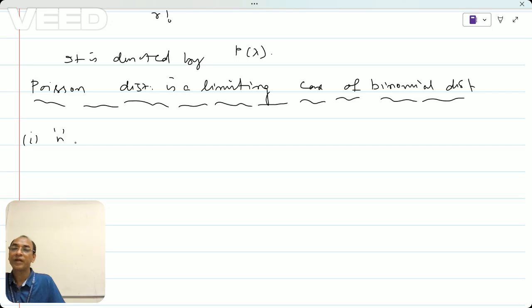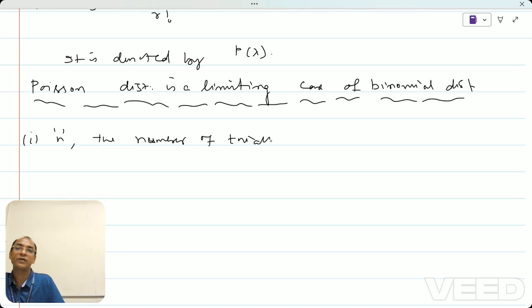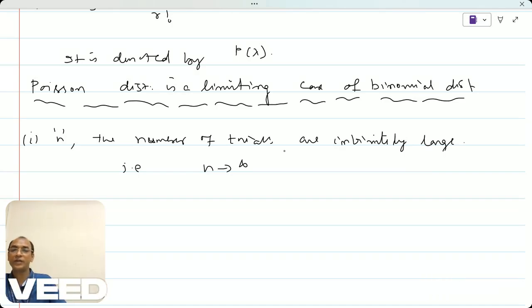So n, the number of trials, is infinitely large, that is, n tends to infinity. Remember that infinitely large does not mean infinity. However large it is, it is still countable.